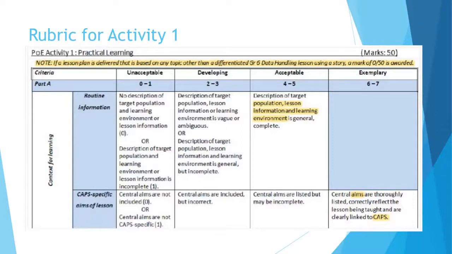So this is just your routine Part A for your description of your target population, your lesson information and learning environment. It's general and complete, all the first few sections that you complete on your lesson plan. Your central aims are thoroughly listed, correctly reflect the lesson being taught, and are clearly linked to the CAPS.